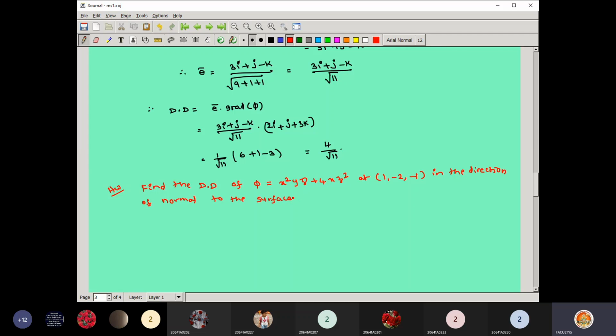So the surface is given, already it is denoted by f. It is x log z − y² at the point given. So the point is −1, 2, 1.